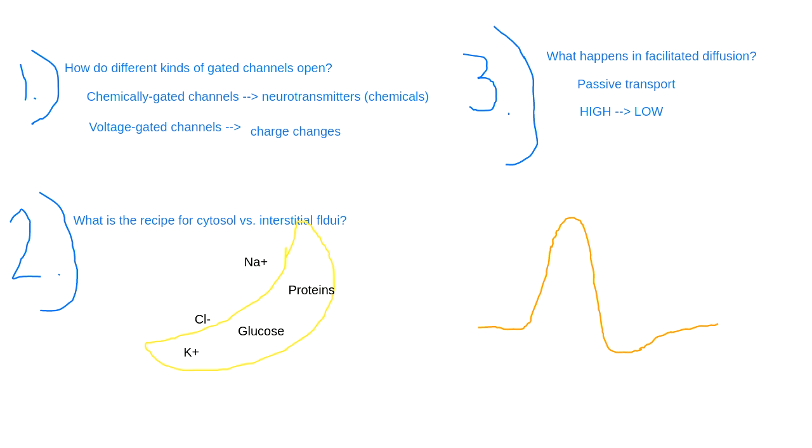Okay, potassium wants to go out. There's a ton of it inside, right? It wants to go out. If I open up a channel for sodium, which way does sodium want to go? Yeah, there's a bunch of sodium outside. Sodium wants to go in.